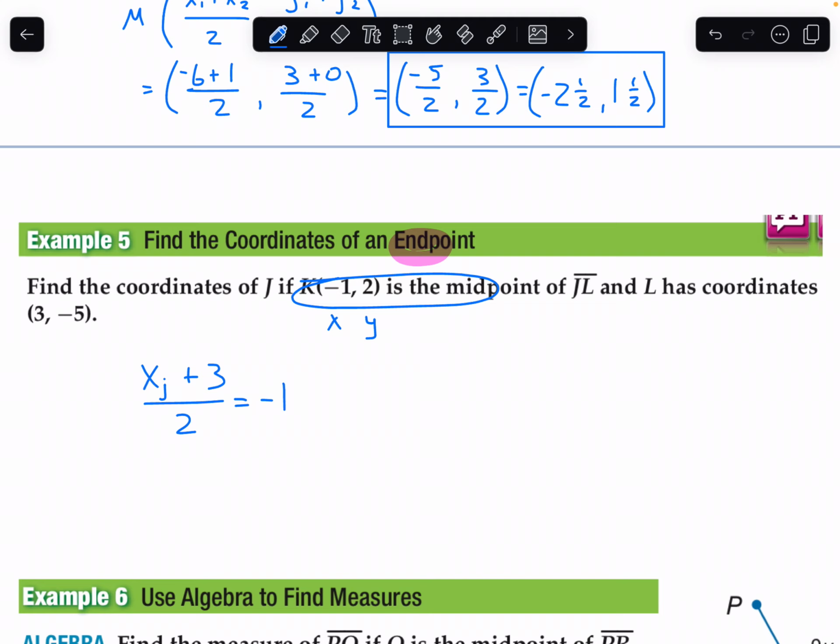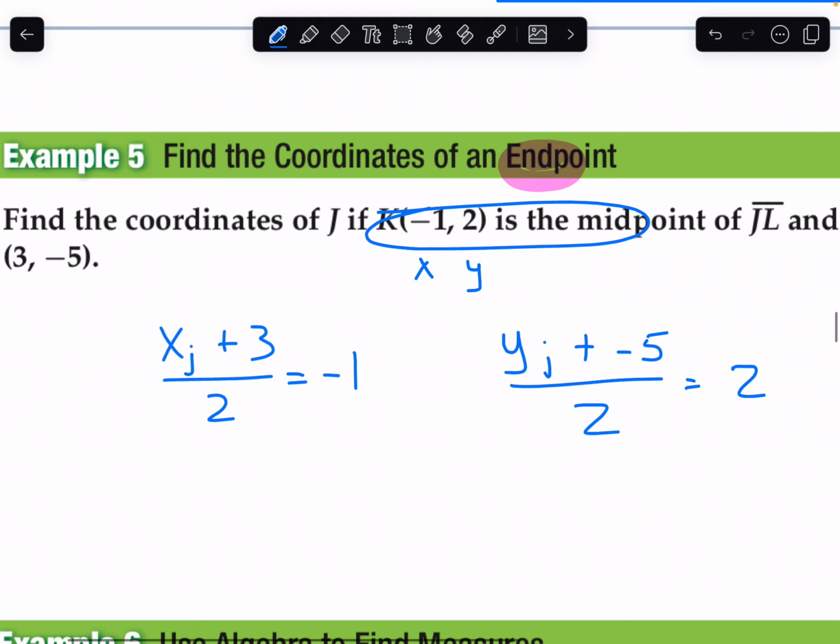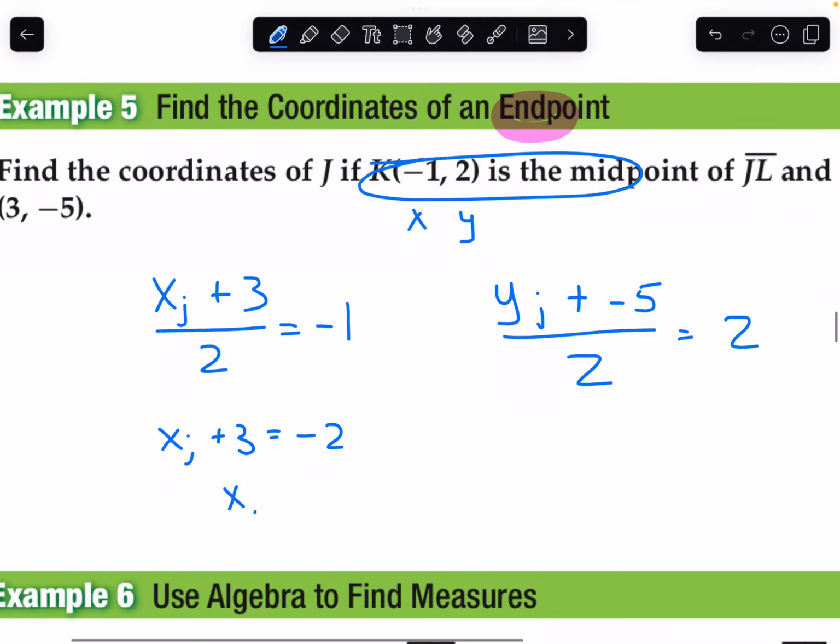And it tells me that some mysterious y coordinate for point J plus the y coordinate of the other end L, -5, divided by 2, is equal to the midpoint's y coordinate of 2. And we can just solve both of those tiny equations independently. So let's multiply both sides by 2. X sub J plus 3 equals -2. Subtract 3 from both sides. X sub J equals -2 minus 3 is -5.